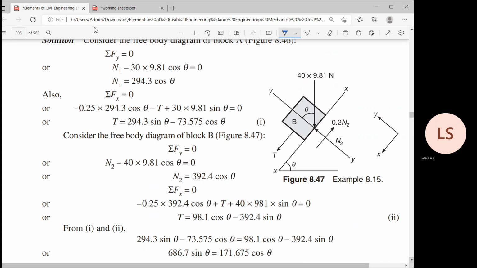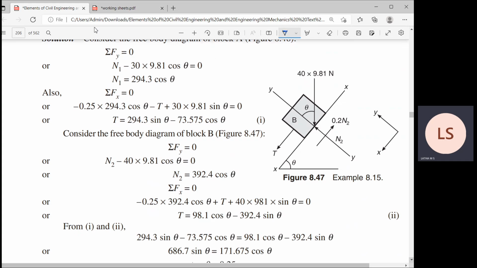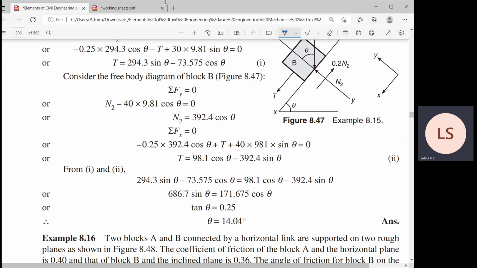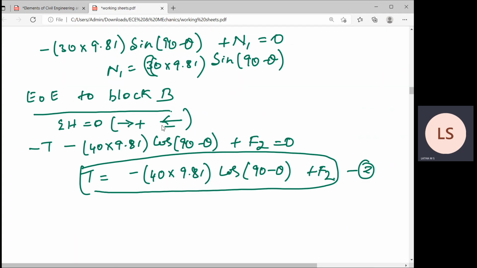Same thing, we get it on multiplying and substituting for N1 and N2. Similarly, we have to do for the next equations of equilibrium, sigma V is equal to 0, moving up positive, moving down negative. So give me the equation.